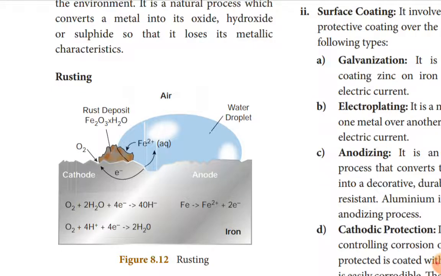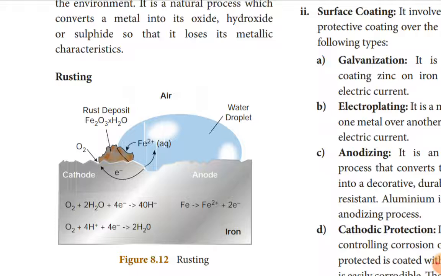At the cathode, oxygen reacts with water vapor, and by the gain of 4 electrons, hydroxide is formed. OH minus means hydroxide.